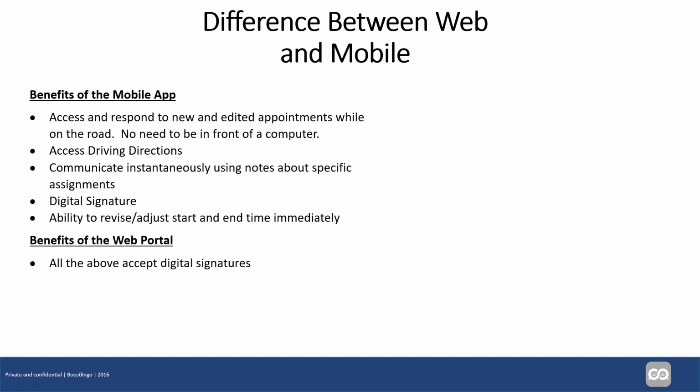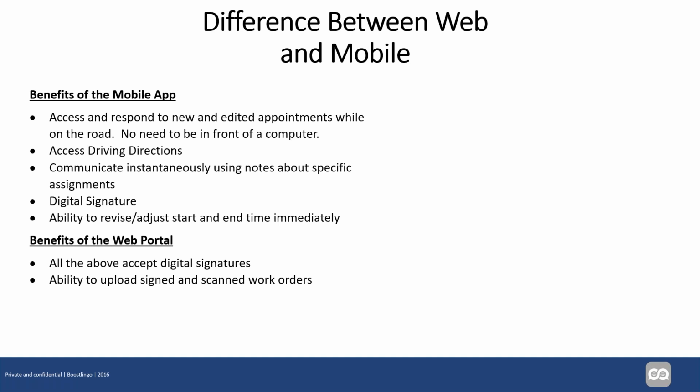Some benefits of the web portal is everything above, except obviously the ability to be mobile, right? Unless you're bringing your computer with you. And the ability to upload additional documents as well as a signed work order. So with the web portal, you can upload different format types or different documents, which you cannot do today through the mobile app.